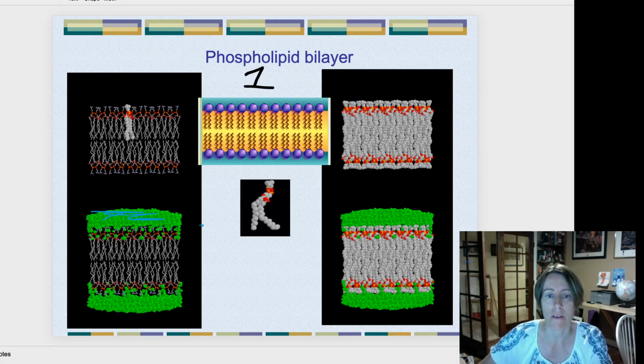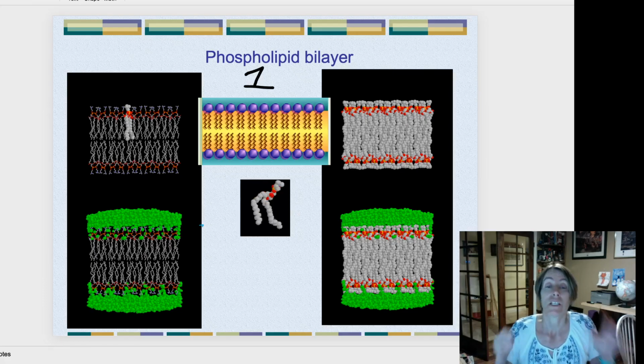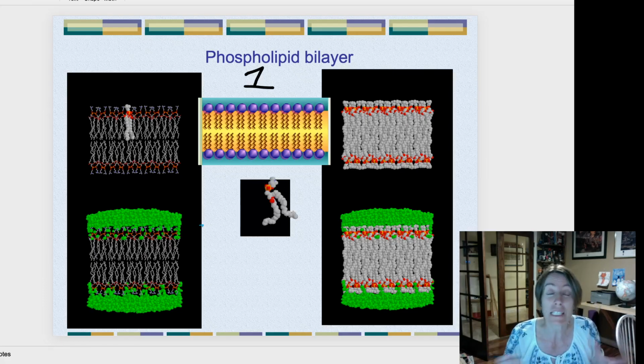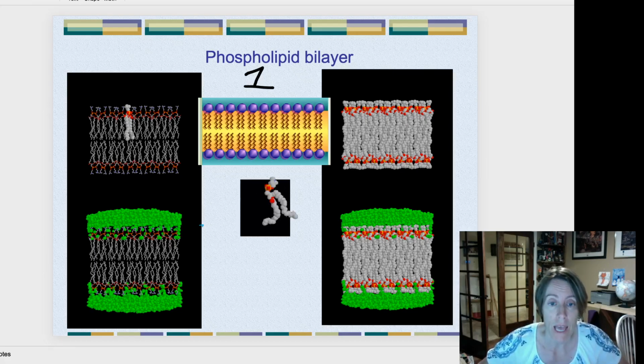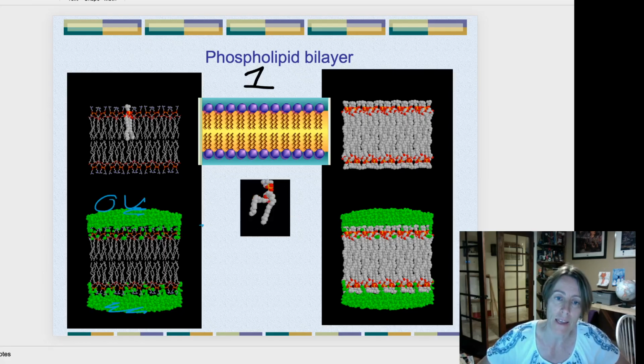So in these diagrams, that green mass is representing all the bajillions and gazillions of water molecules that are in a living organism. And you can see how they're so crowded together here on the outside, and they're so crowded together here on the inside, but separating the outside from the inside is this hydrophobic core of the phospholipid bilayer.